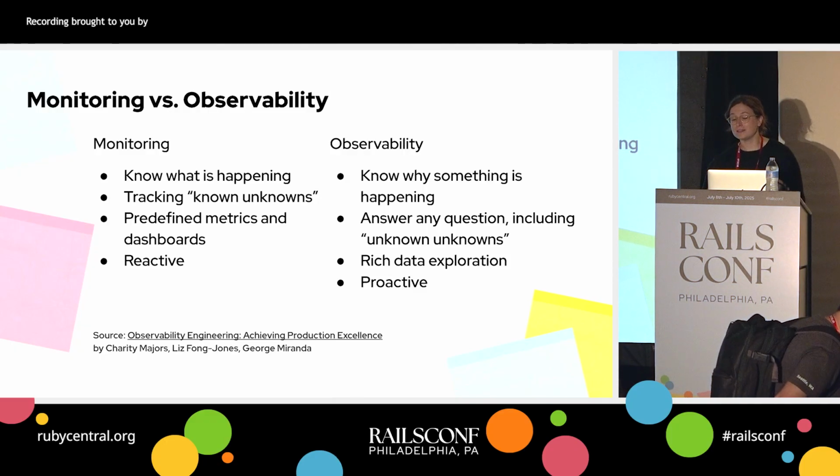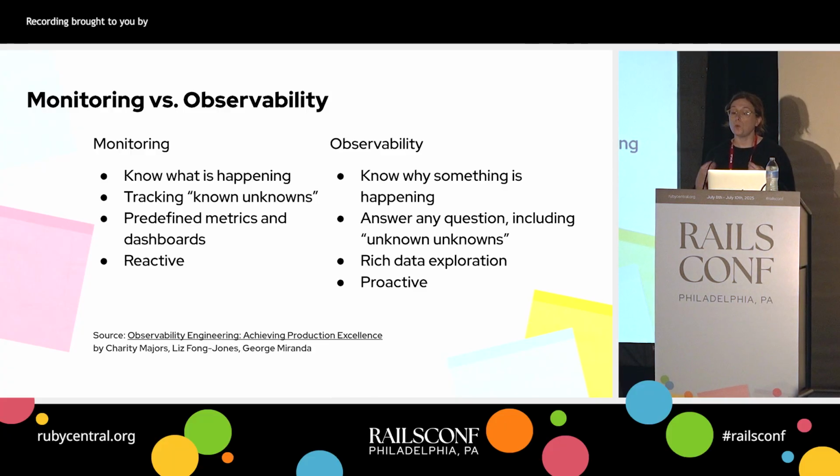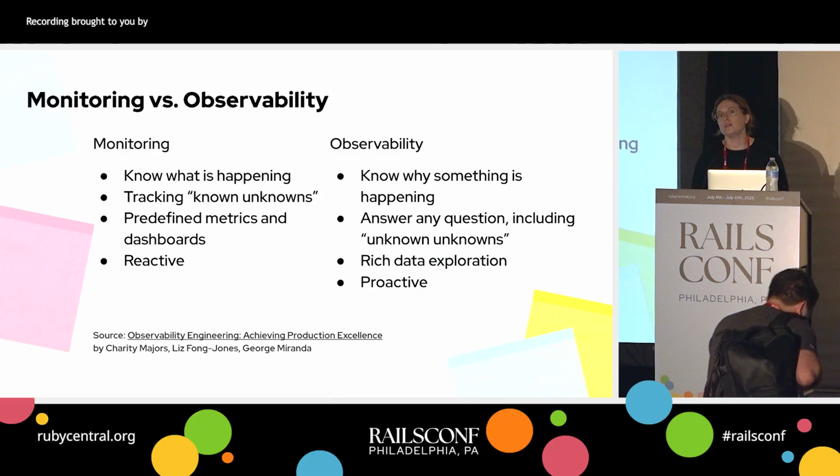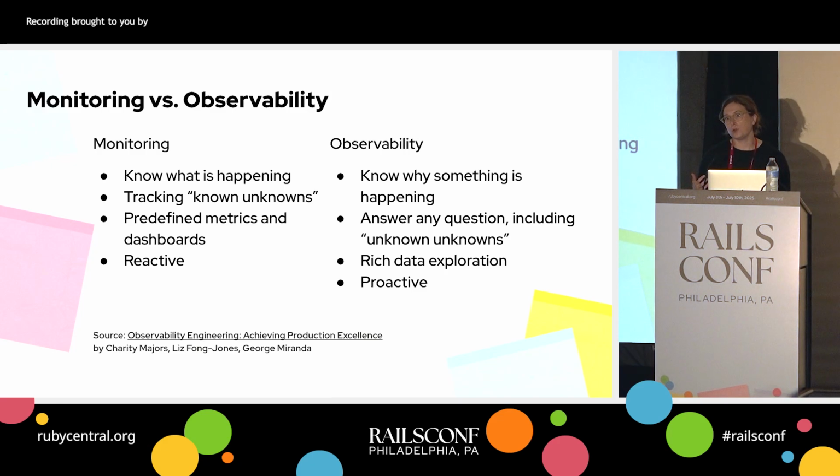Observability tries to take things a step further so that you know why something is happening and not just what is happening. It tries to have a broader depth of information so that you can answer any question, including unknown unknowns. And the idea here is to become proactive so that the data you already need has been deployed and there's fewer of those incidents where you need to deploy another copy of your app to help troubleshoot things.